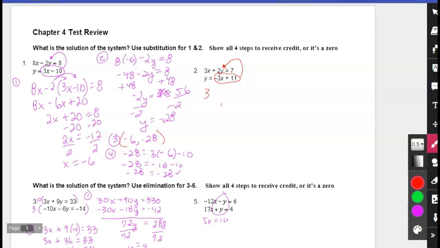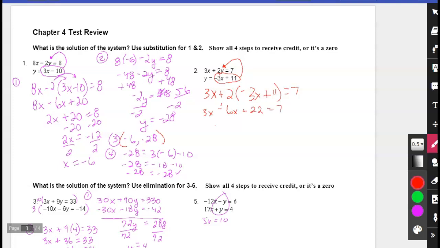So when I rewrite this, I have 3x plus 2, and then I put it in parentheses, negative 3x plus 11. That equals 7. So a quick distributive property, 3x, and this becomes minus 6x because I have 2 times negative 3x. 2 times 11 is 22.